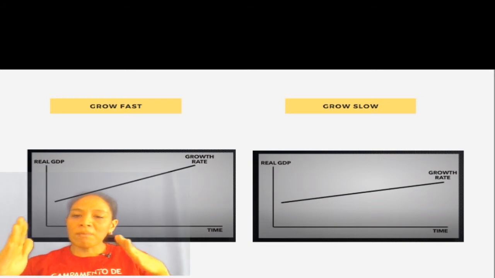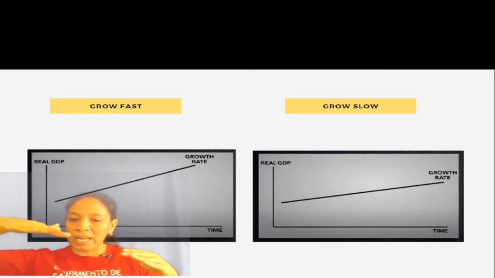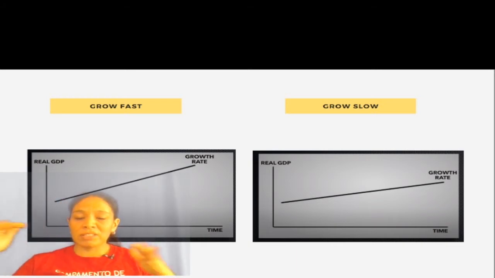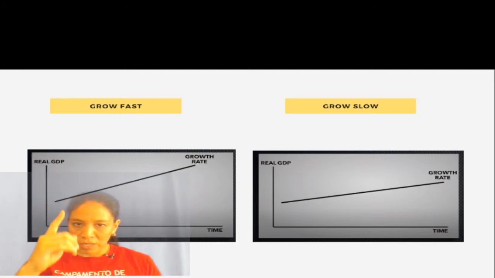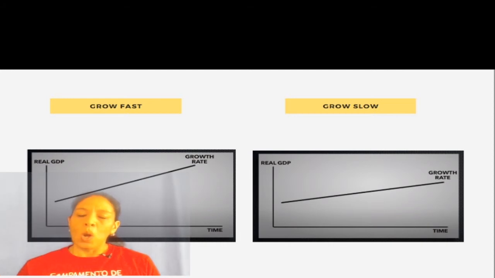And then if an economy is growing very slow, it's more like a horizontal line because the slope diminishes, right? Because it's the growth of real GDP over time. So that means we've been recording the GDP over time for whatever country, nation we're examining, okay?